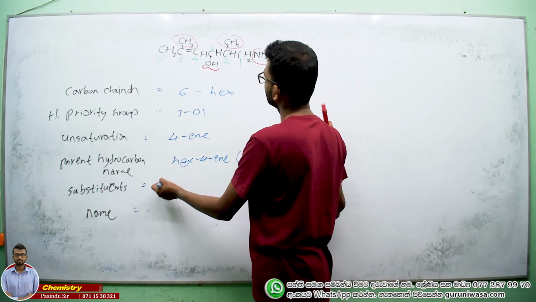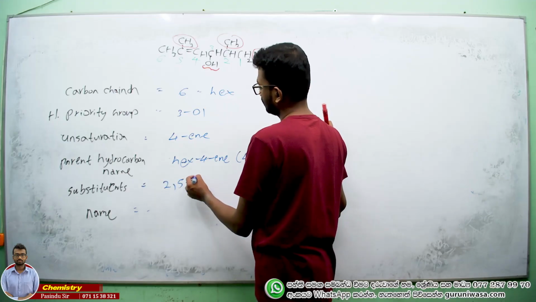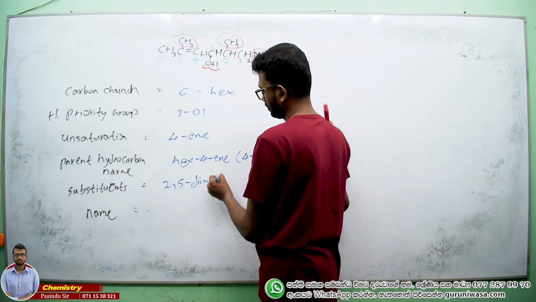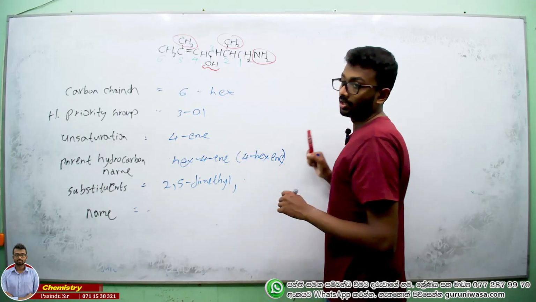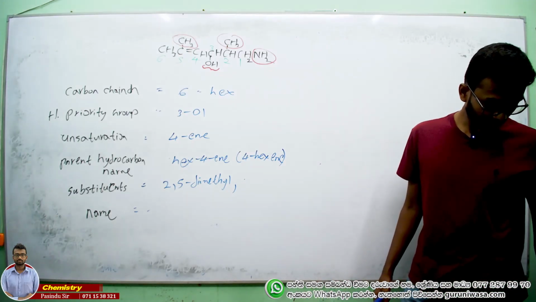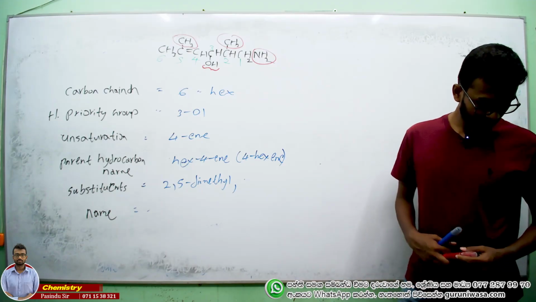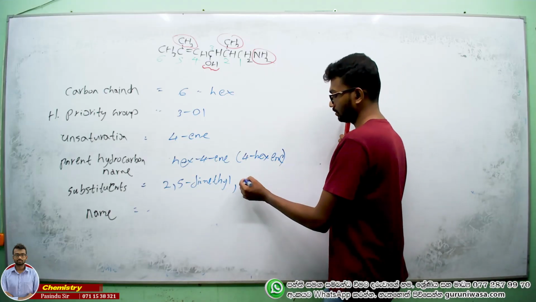Substituents: 2 5 dimethyl, and then what is the NH2 group? What is NH2? 1 amino.